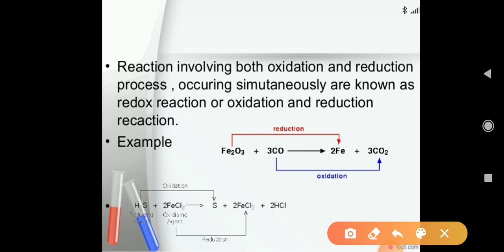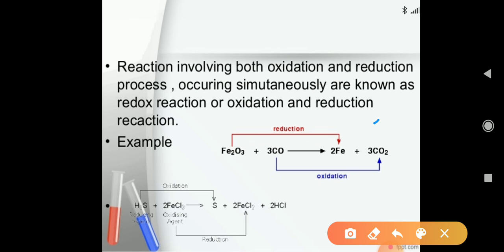Reactions involving both oxidation and reduction processes occurring simultaneously are known as redox reactions. Depending on this oxidation and reduction, in some reactions oxidation and reduction both take place simultaneously, and that reaction is called a redox reaction.